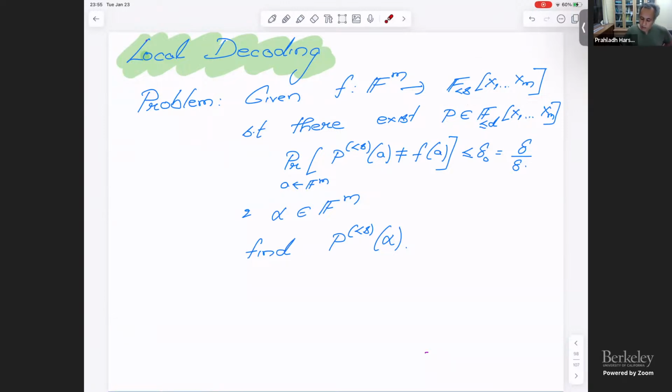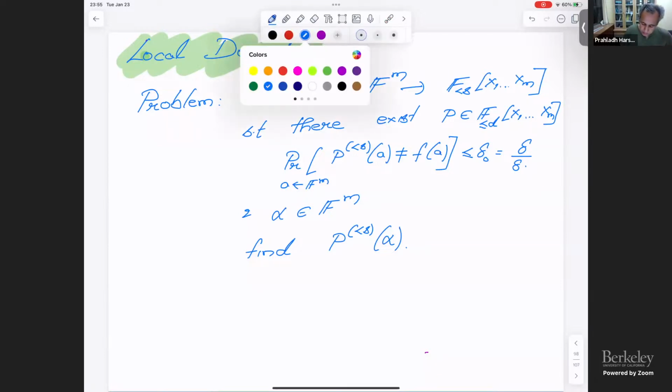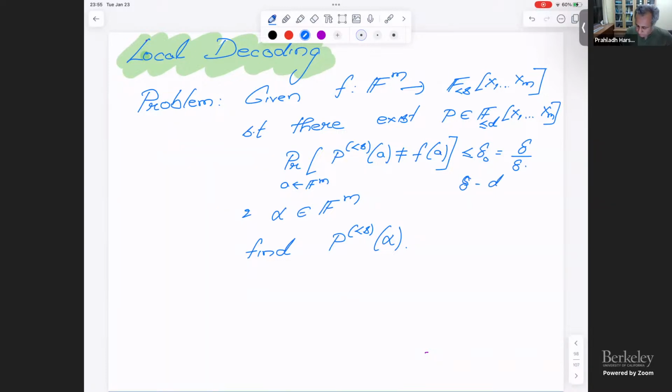And we are told that this function is actually close to an encoding of an honest-to-God multivariate multiplicity code. In other words, there is some polynomial p of degree at most d, such that f and p disagree at a random location with probability at most delta naught, where delta naught is less than delta by 8, and delta is the distance of the code.